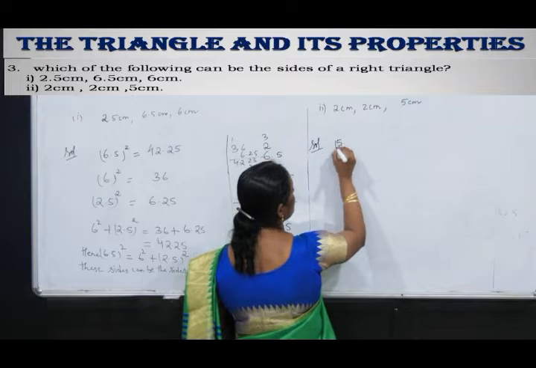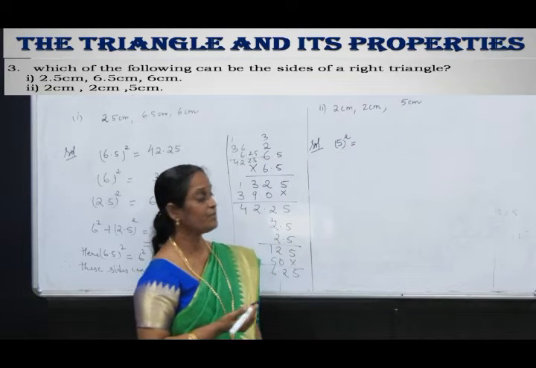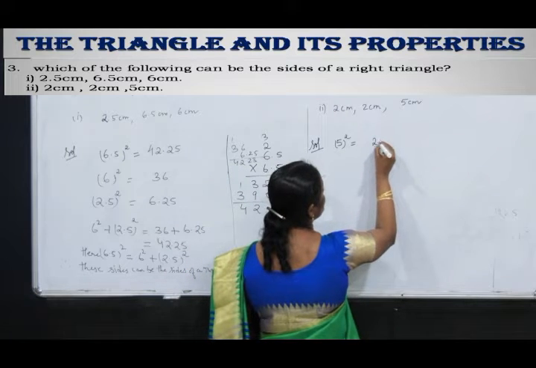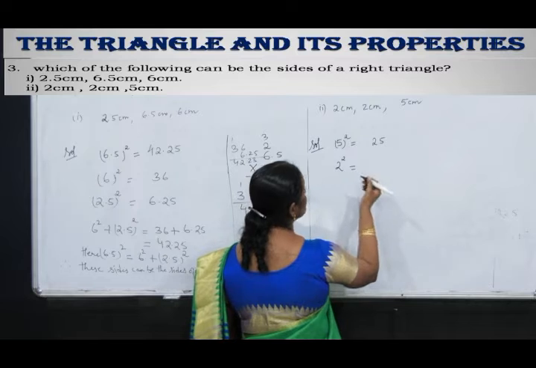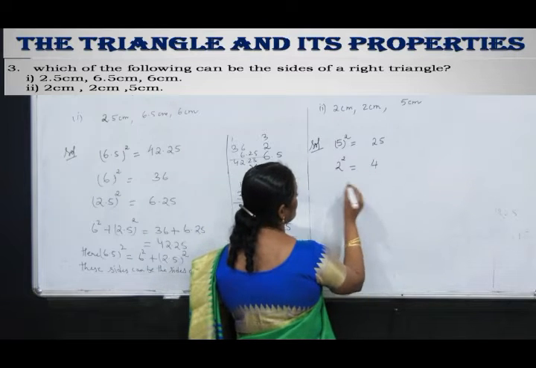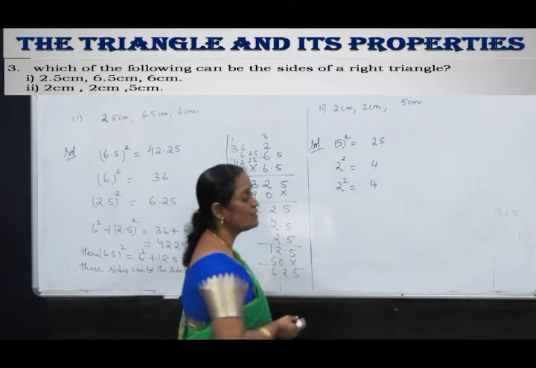So first we find the square of 5. What is 5 square? It is 5 into 5, that is 25. Next, 2 square is 2 into 2, 4. Here the third side is also 2, therefore it will also be equal to 4.